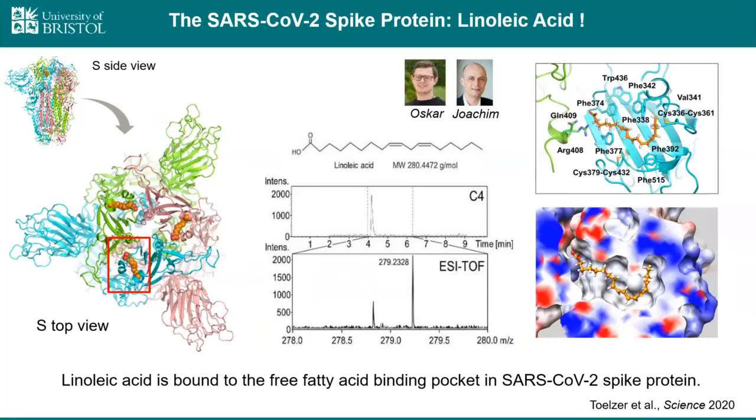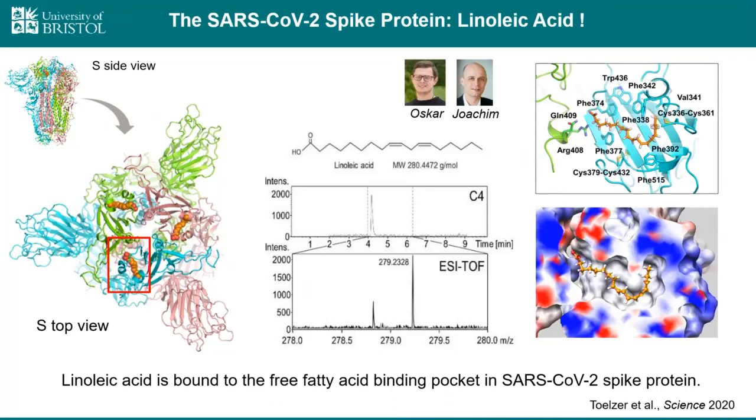And again, this is severely disturbed in humans in COVID-19, as we see even in the fact that the serum levels go down. And Dan worked for more than 10 years on the free fatty acid binding receptor, which is a key regulator of insulin release central to diabetes. So interestingly, a free fatty acid regulates insulin glucose metabolism. And as you know, diabetes is a risk factor for COVID-19.